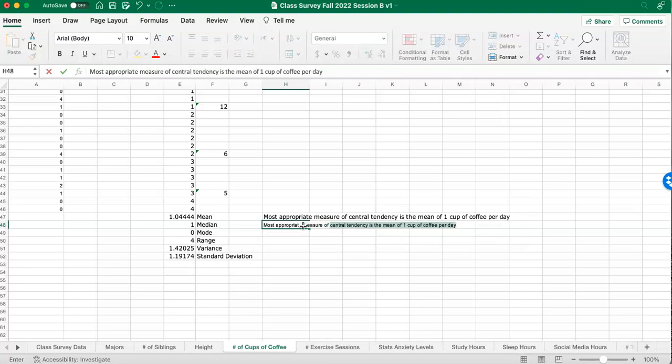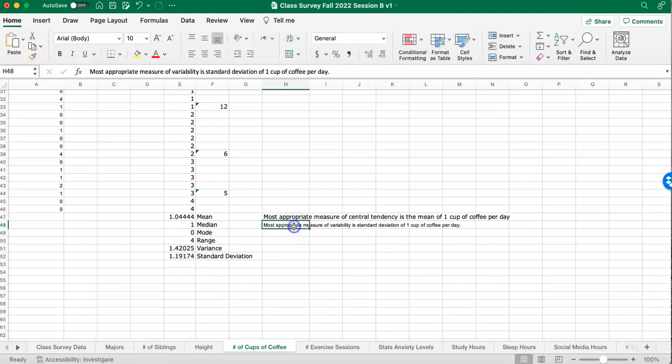So the most appropriate measure of variability is standard deviation of, actually, no, it is 1 cup per day.